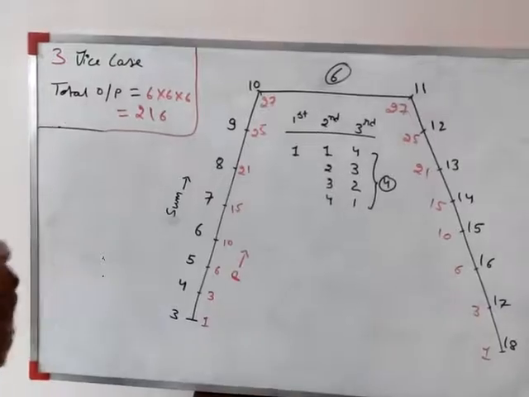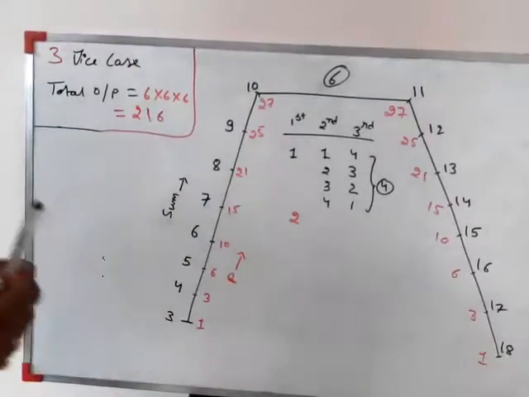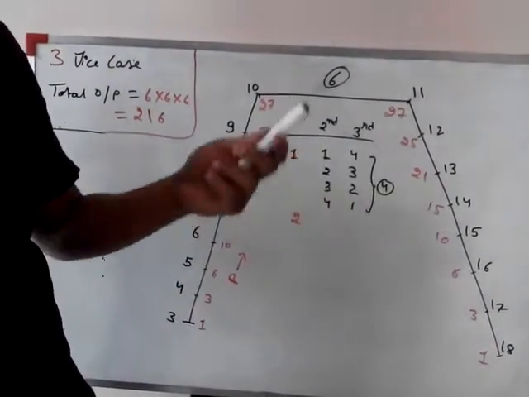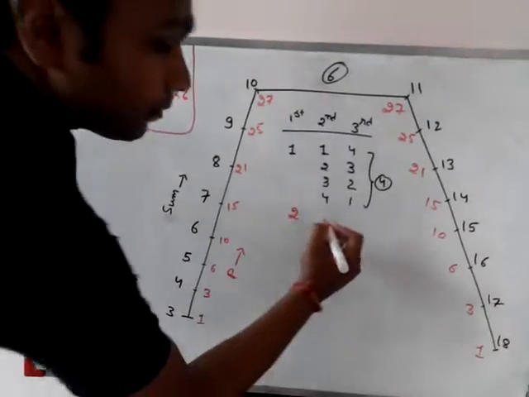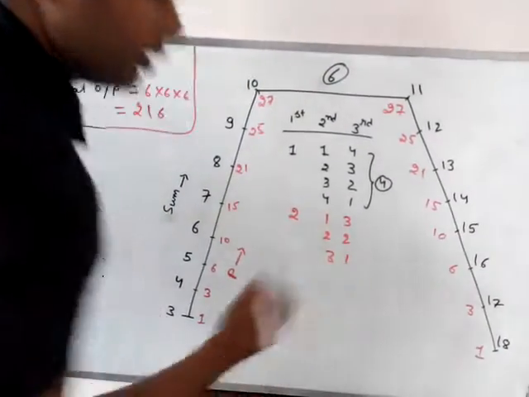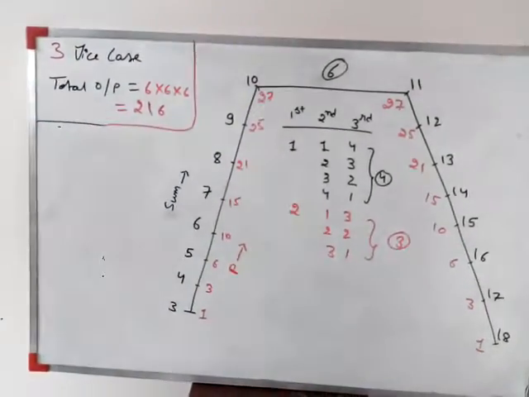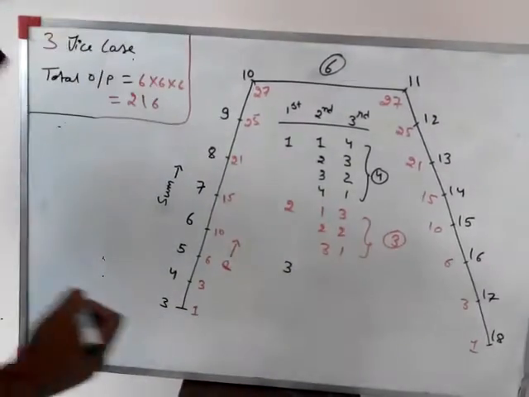Right? Second, suppose I got a number 2 in the first dice. Now what I need to do? I need to make a total of 4 from the output of second and third dice. Possible cases are 1,3; 2,2 and 3,1. So I have got 3 cases here. Right? Now suppose I got 3 in my first dice.